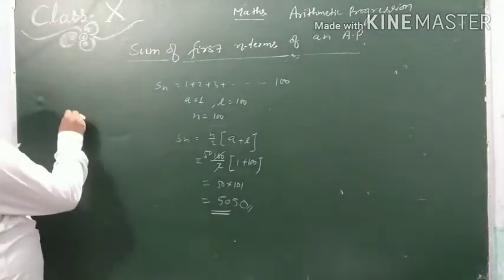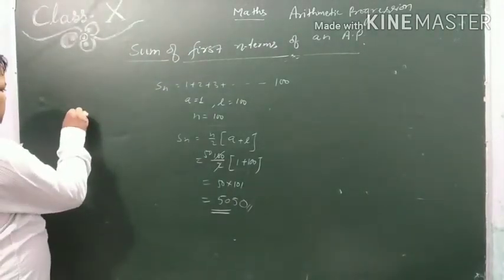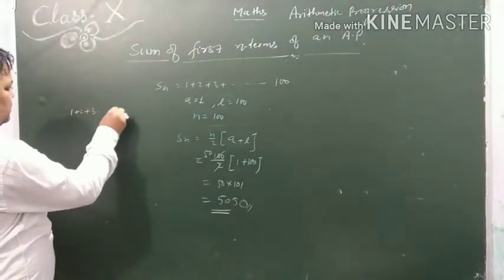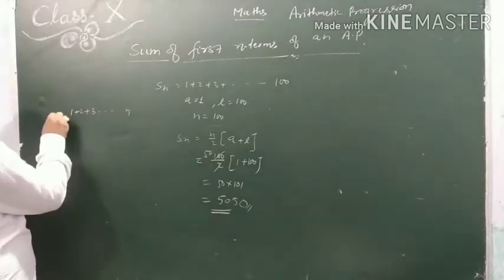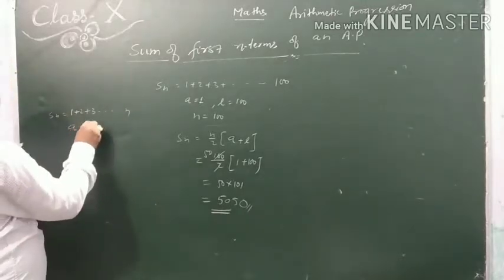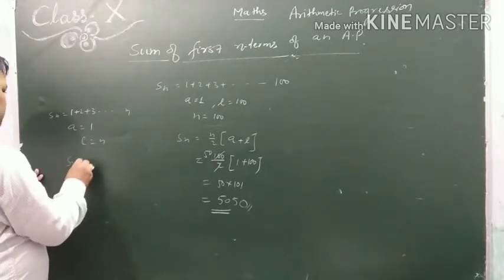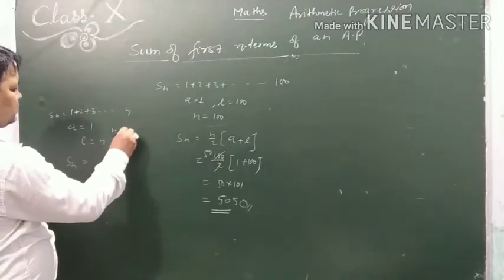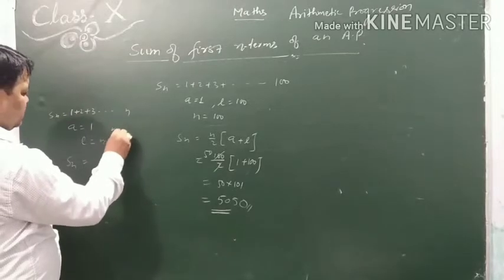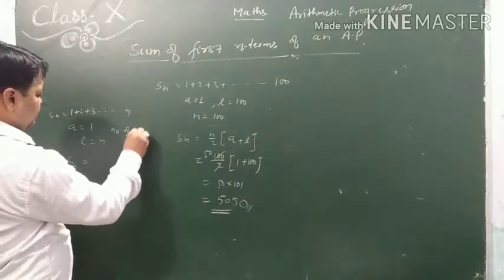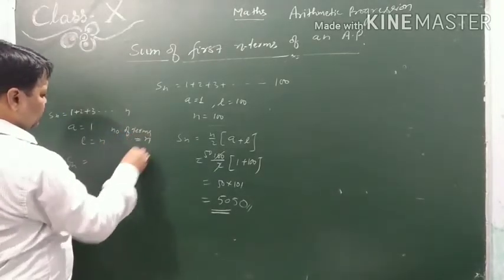If the question is to find Sn for 1, 2, 3 up to n terms, then here we have a is equal to 1, L is equal to n, and the number of terms is equal to n.